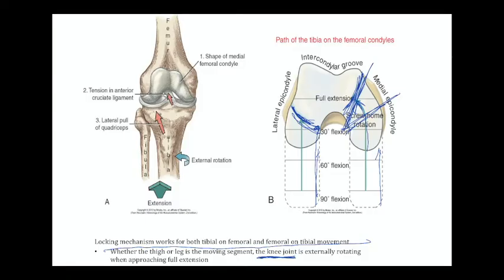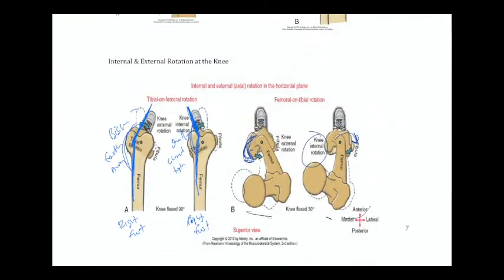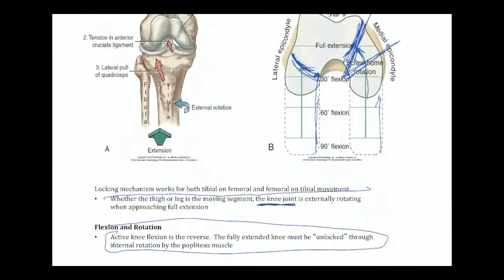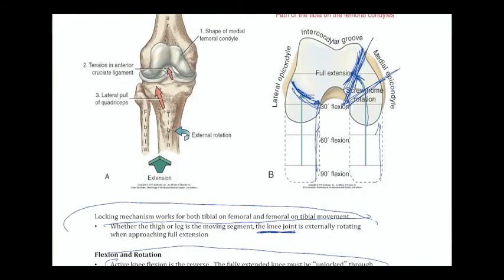Okay, to reinforce everything that's happening here: whenever we are externally rotating our knee, our femur is internally rotating to make that happen. And when we are internally rotating our knee, our femur is externally rotating, in closed chain movements. So when our notes say that external rotation is needed to unlock the knee in both tibiofemoral and femorotibial rotation, that is correct.